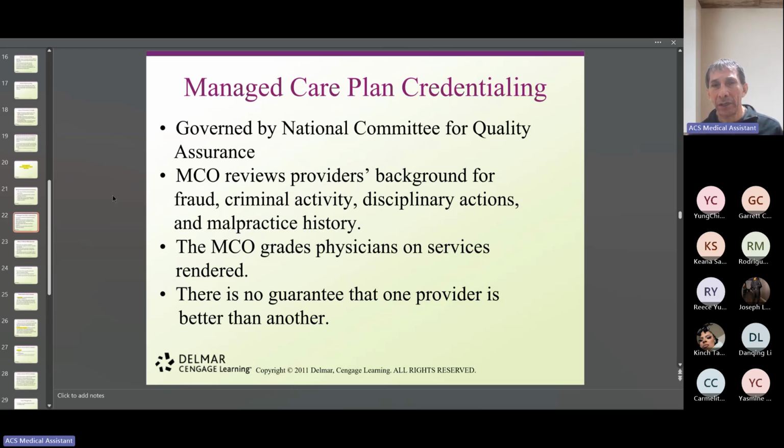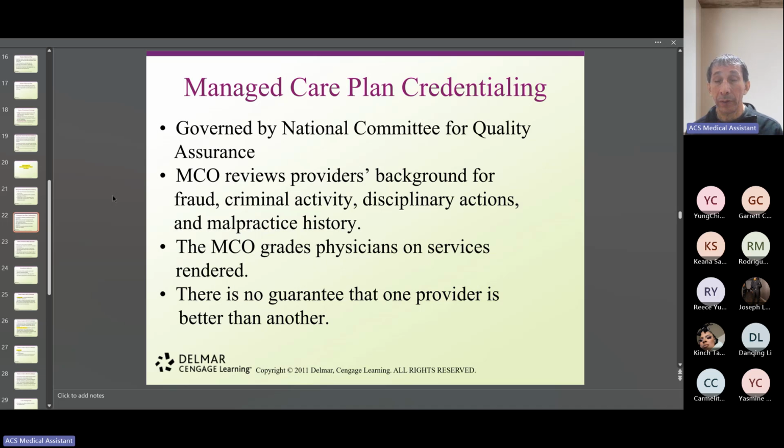Every single medical provider is being graded, just like you are graded every time we complete these chapters with the final exam. They are graded on their performance: if there are no complaints, if there are no issues, if the hospital as a whole has no complaints.